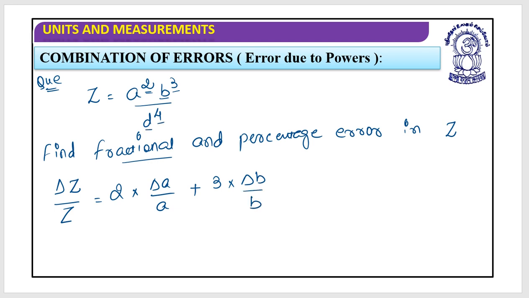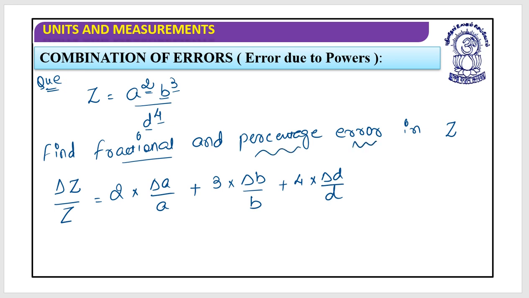Next, d is having a power 4. So this is plus. Do remember, errors are always added. We cannot subtract them. So this is 4 multiplied by delta d by d. Yes, this is the fractional error associated with z.